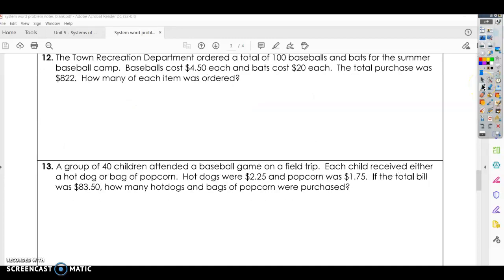All right, number 12 says the town recreation department ordered a total of 100 baseballs and bats for the summer baseball camp. Baseballs cost $4.50 each and bats cost $20 each. The total purchase was $822. So we're going to start by saying x and y, and we're going to say baseballs and bats.